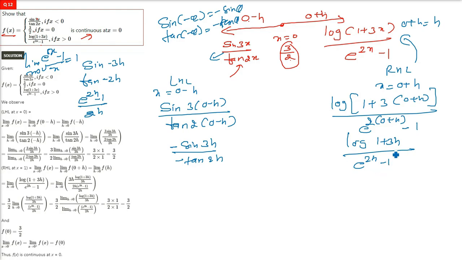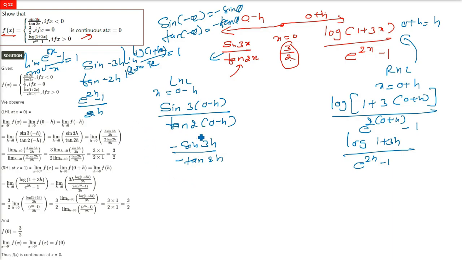So we'll try that there should be 2h in the denominator. Similarly, log 1 plus theta by theta or log 1 plus k by k, theta tends to 0 or k tends to 0, that means it is going to be 1. That we already know by previous discussions.